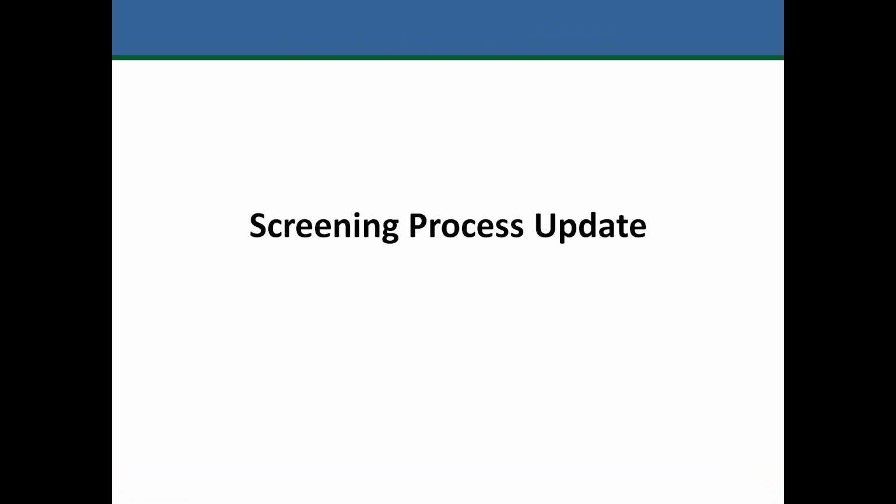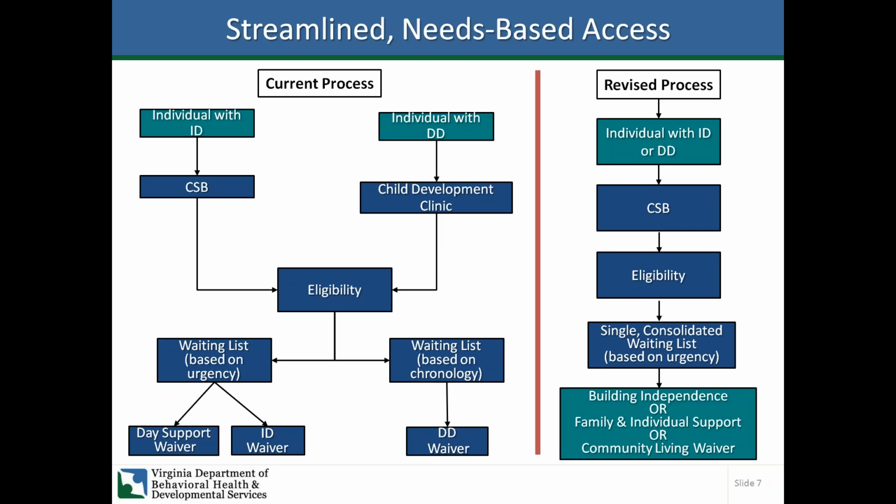So first, the screening process update. This graphic shows the current process on the left of the red line and the revised process on the right. Currently we have 2 systems for individuals with developmental disabilities to access various waivers.